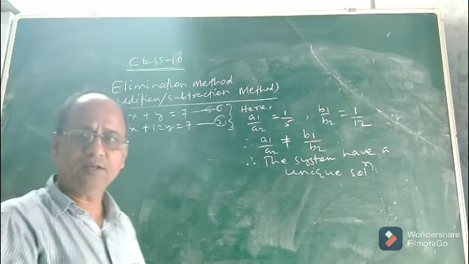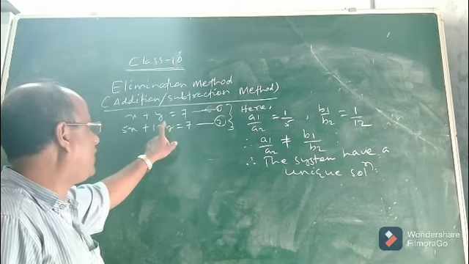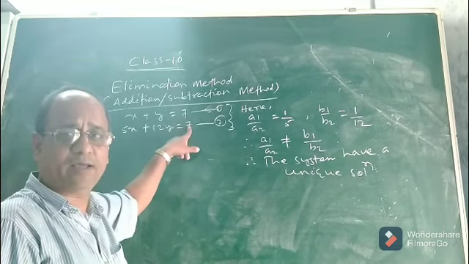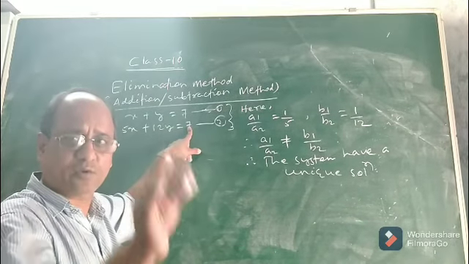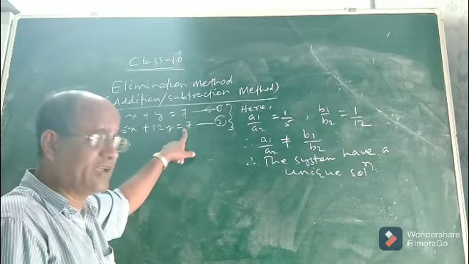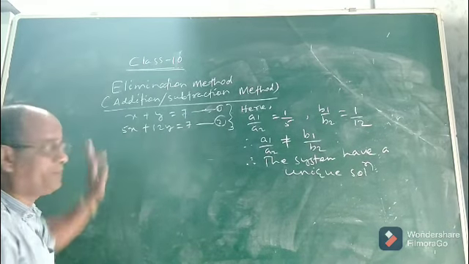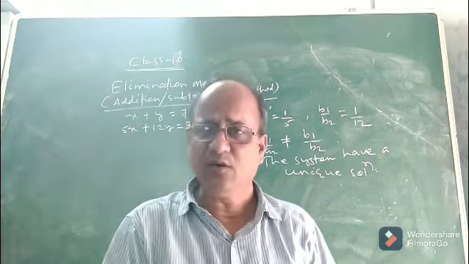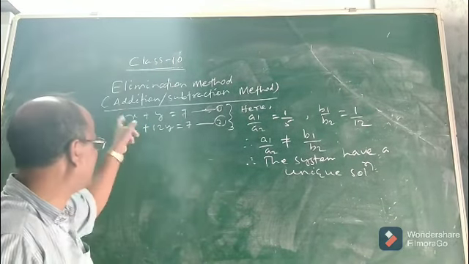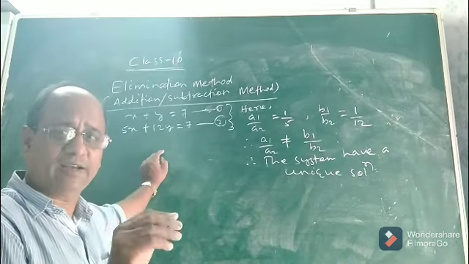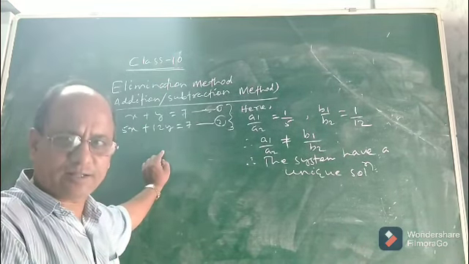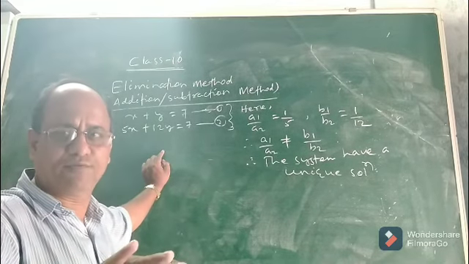Children, if you want to solve this pair of linear equations in two variables by elimination or equating coefficient, what is the first step? The first step is to decide which variable you will eliminate first. Here there are two variables, x and y. Eliminate means remove.